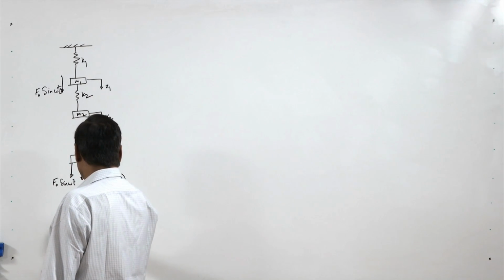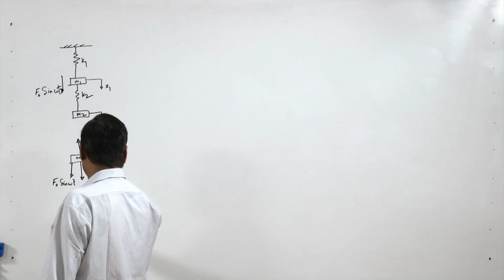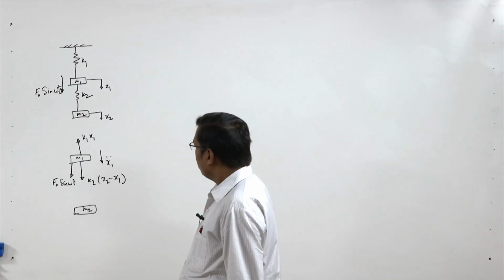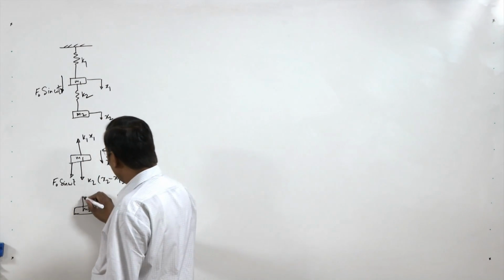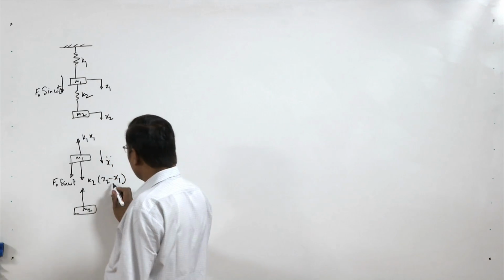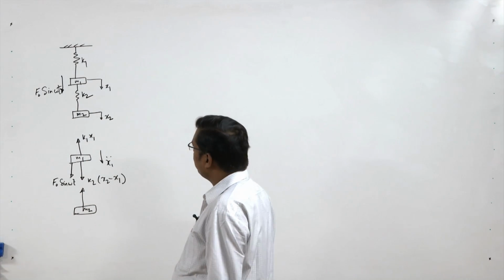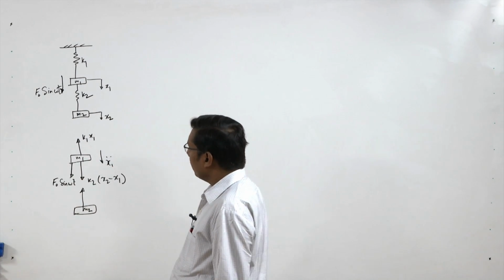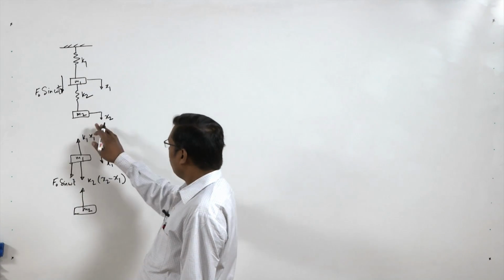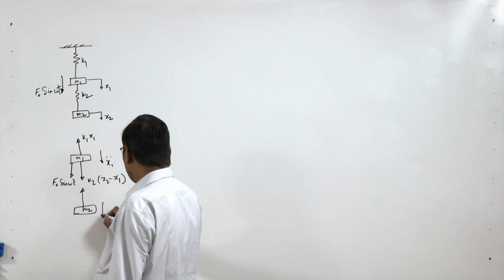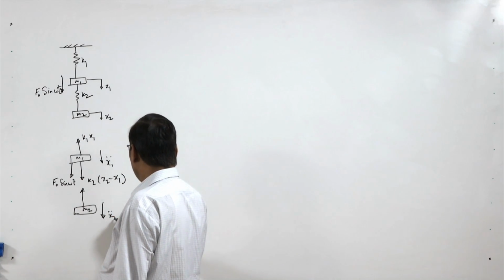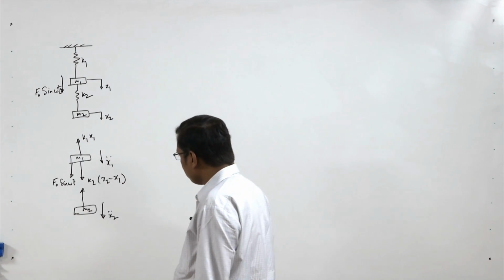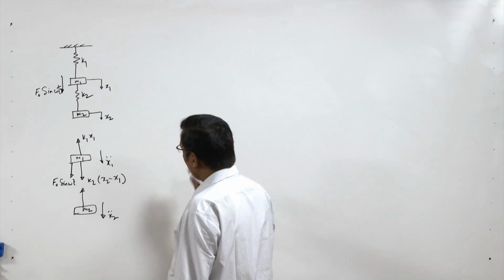Now the second mass m2 will have the same force k2 times (x2 minus x1) in the opposite direction to that of the mass m1, and no other force, and we assume the direction of acceleration as positive. Now we can write the equations of motion.